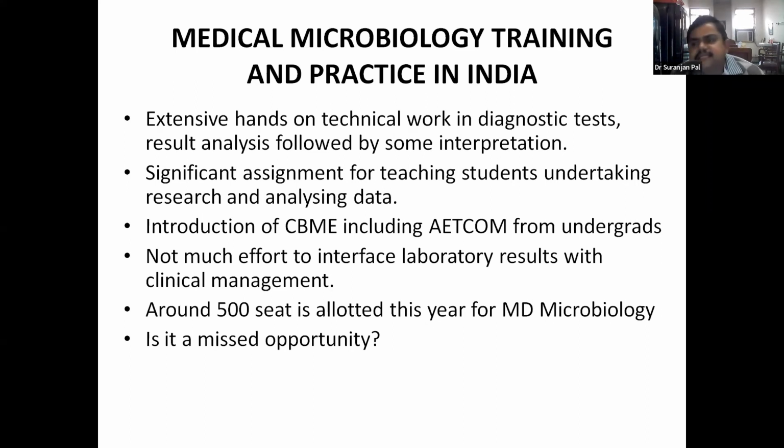What is currently the status of training and practice in India? For infection control, these hands-on tasks are mostly what the PGTs, or postgraduate trainees, are getting: extensive technical work. The first-year residents are most often doing bench work and involved in result analysis, followed by some amount of interpretation with the help of the consultants.